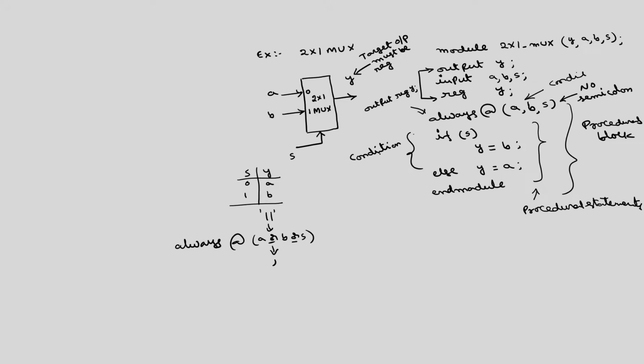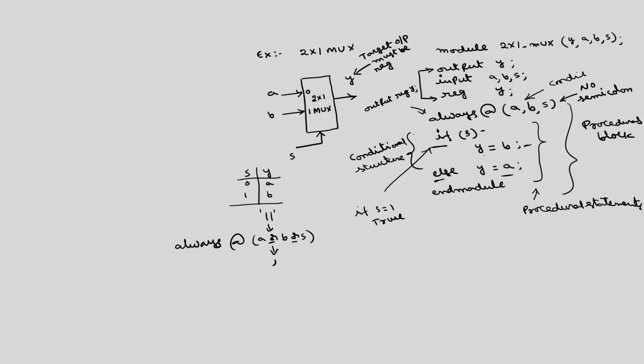So, these procedural statements can contain a conditional structure, or it can have loops. Okay. We will discuss examples on loops in the coming classes, or it can have timing control. So, here in this if else statement, if S is true, true in the sense 1, if S is equal to 1, then this particular statement is executed, otherwise the else statement is executed.